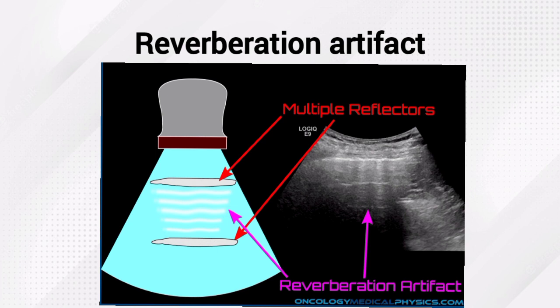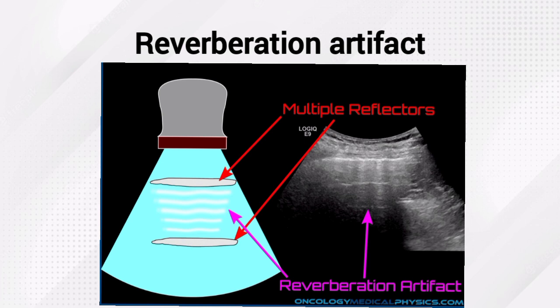Now, this belongs to the time of flight producing an artifact deep in the interface. But in this situation, some of the sound returning to the transducer is reflected back into the patient, and that pulse strikes the same interface in the patient and is reflected back to the transducer a second time, and so on and so forth until the total sound energy wanes out.